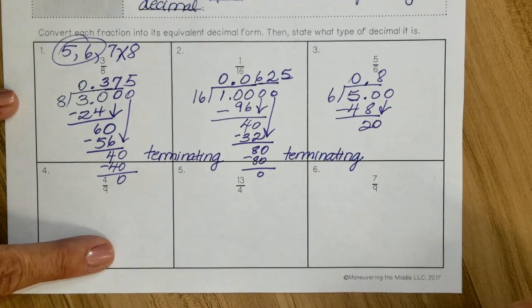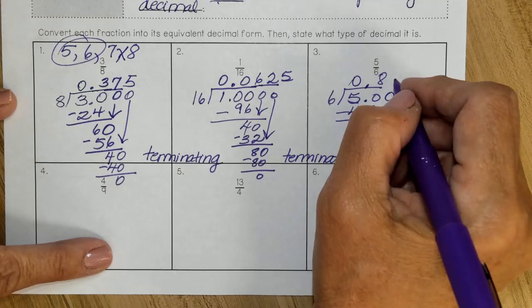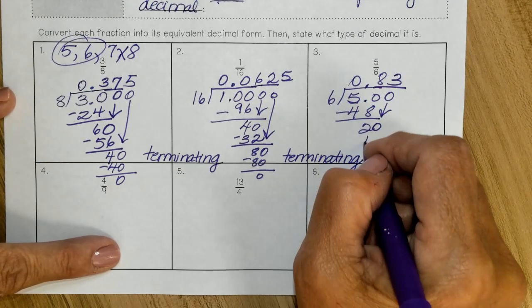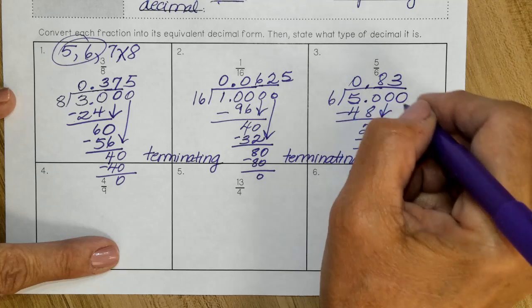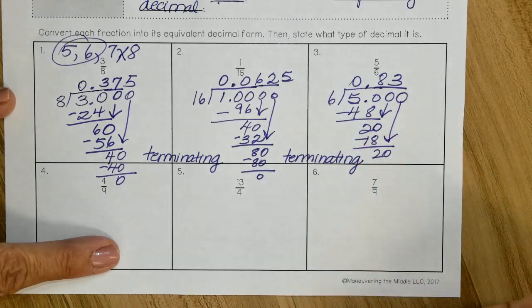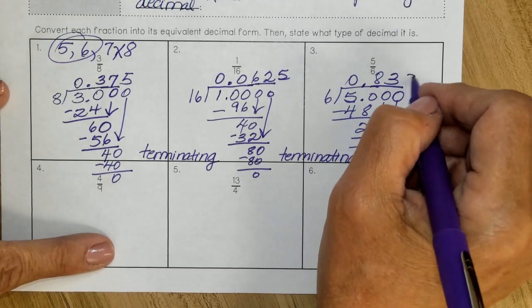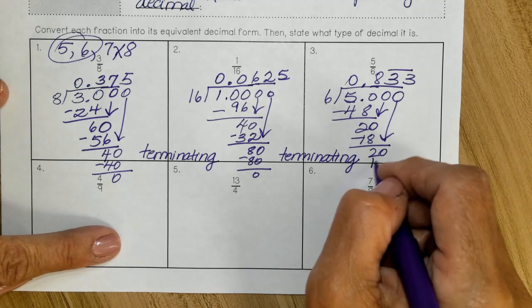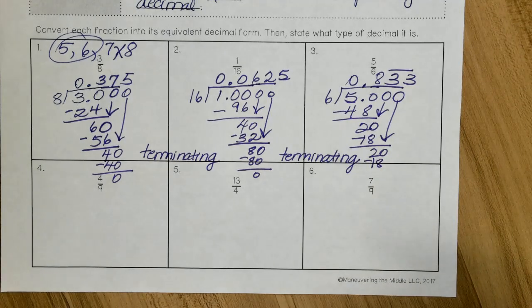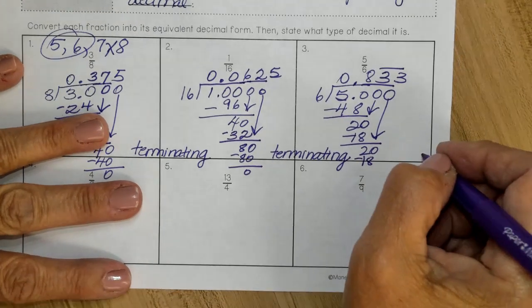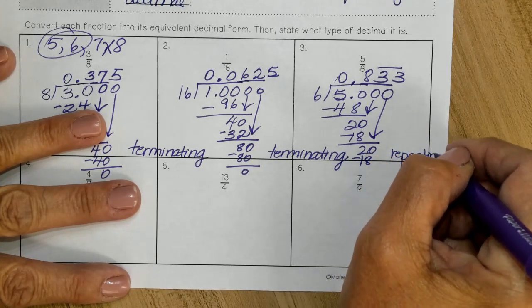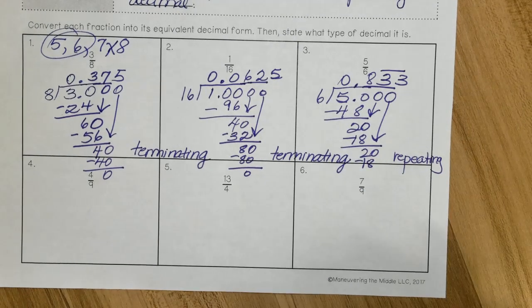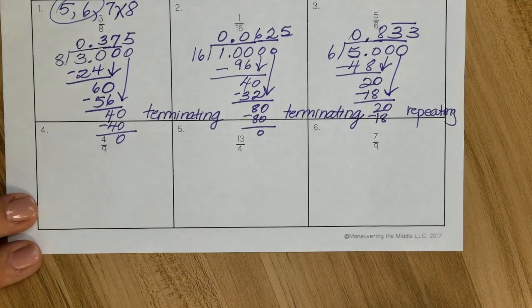How many times is 6 going into 20? 3 times, which is 18. Subtract that and get 2. Oh, wait a second. We're going to get 20 again, so that means that's going to be 3 again, and those are going to repeat, aren't they? Yes. So this is a repeating decimal.